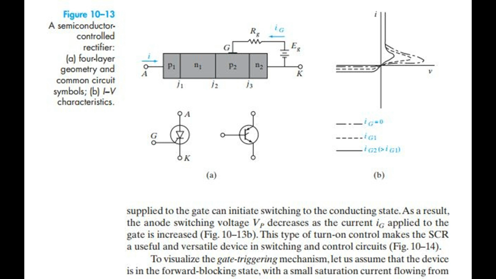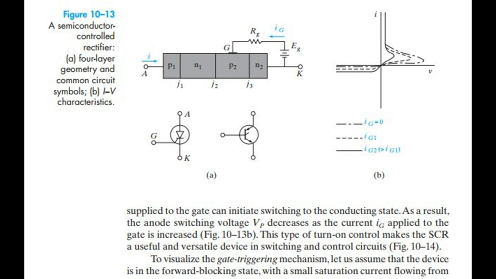Figure 10.13. A semiconductor-controlled rectifier, A, four-layer geometry and common circuit symbols, B, current voltage characteristics. As a result, the anode switching voltage Vp decreases as the current Ig applied to the gate is increased, Fig 10.13b. This type of turn-on control makes the SCR a useful and versatile device in switching and control circuits, Fig 10.14.